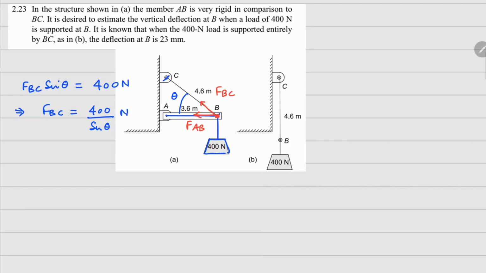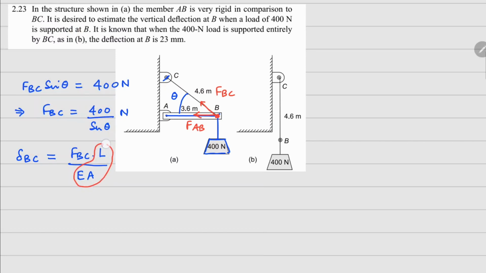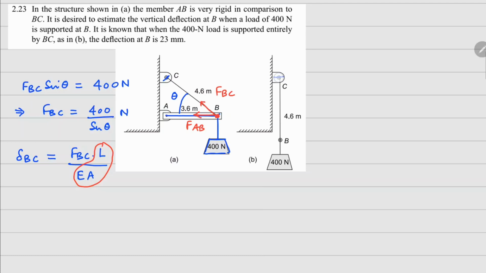Now if you need to find out the deflection, your delta BC is going to be the force FBC times length divided by elastic modulus and A. Now this information about L over EA for member BC is given through another case when the complete load of 400 newtons is applied on this BC member.